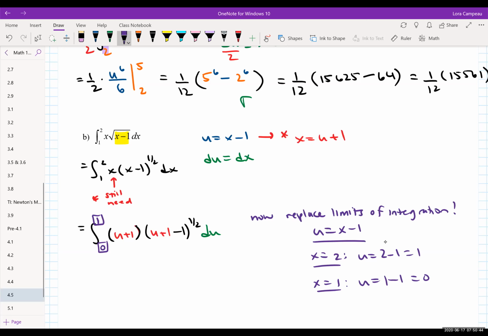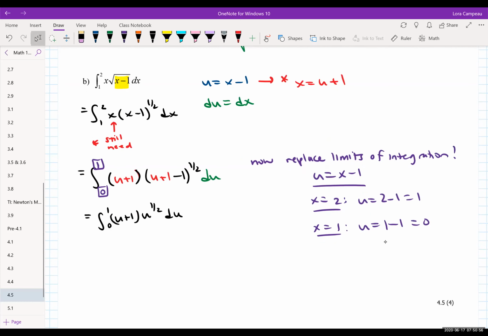Well, we still have to go through the whole integration process. So I have from 0 to 1, u plus 1, and then I think we had u to the 1/2 du. And then eventually, I know we took a few more steps for this. We distributed the u to the 1/2.